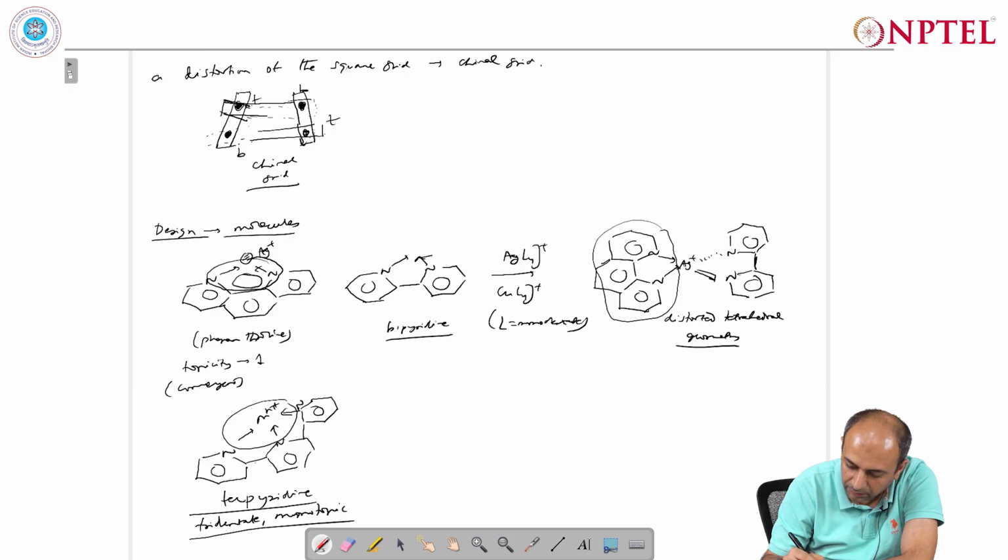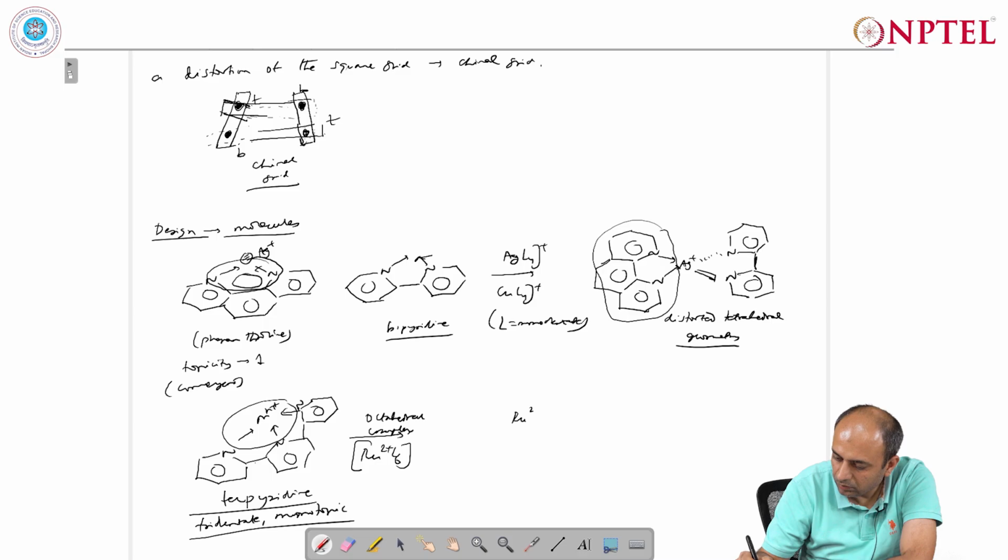Okay, and because the denticity is 3 and the topicity is 1, we can use any octahedral complex. Say we can take ruthenium 2 plus L6 octahedral complex, and this can now form the complex. This is coming from there, and the perpendicular one will be.